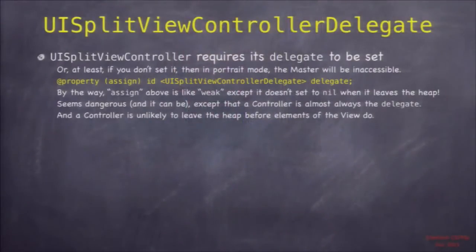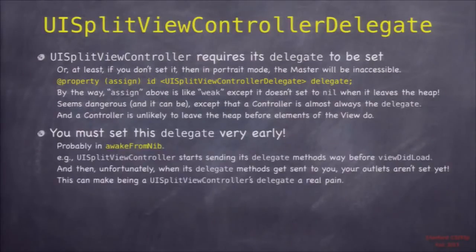So one thing that's kind of interesting about split view controller, similar to table view data source, is it requires its split view controller delegate to be set. Okay, and why is it required to be set? The answer is portrait mode, and I'm going to show you this in some pictures in the next couple of slides, why you need the delegate. The delegate is annoying. It's the most annoying delegate in all of iOS.